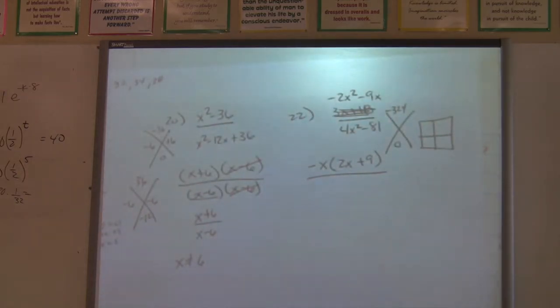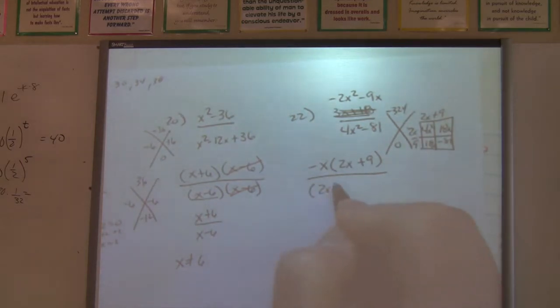So remember, the box would be 4x squared and negative 81. So this would be, I believe, 18 times 18. So we can pull it, and then we put an x with those. So we get 2x, and then minus 9, and then a 2x plus 9.